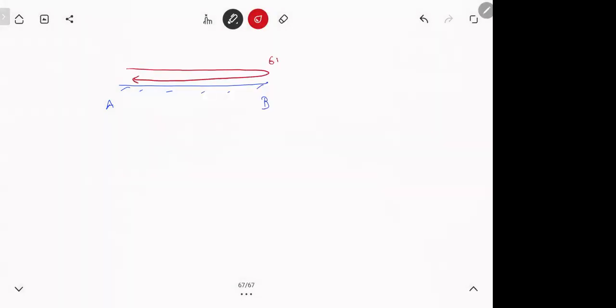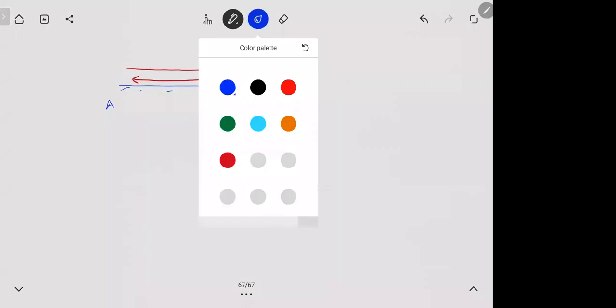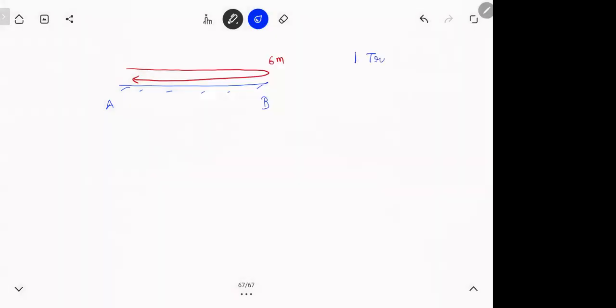How much is this? 6 meters, no? So you can say one trip is 6 meters. Now in 50 meters, how many trips can you have? 8 trips, 8 sixes are 48 plus 2 meters, no? You'll complete 8 complete to-and-fro trips, and you'll travel 2 meters.